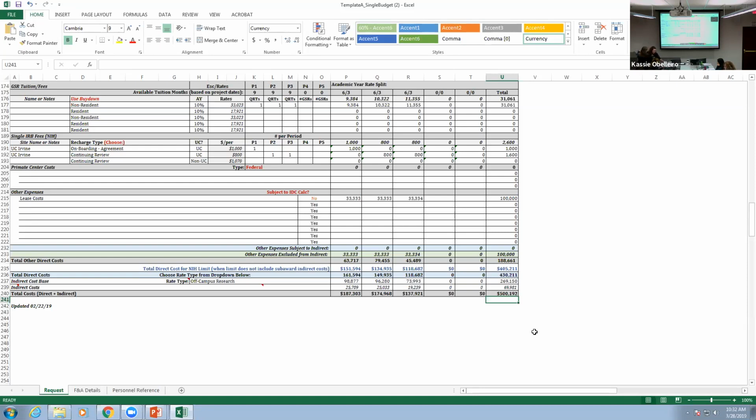Yes. But still that's awfully large. Right here, you want to put a 1 for year 3, for continuing review, for one thing. Still high. Do you have on campus? Switch this to off campus down here. Go back down to the indirect cost and select the rate type, select off campus.